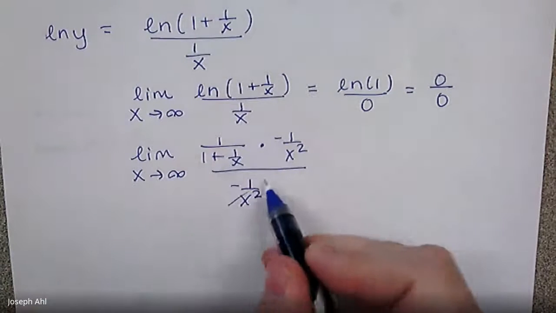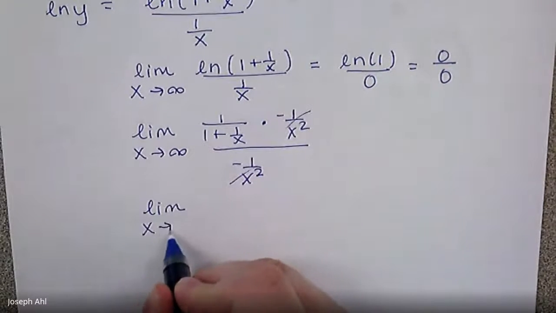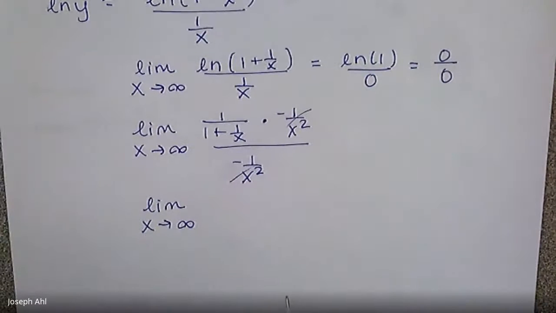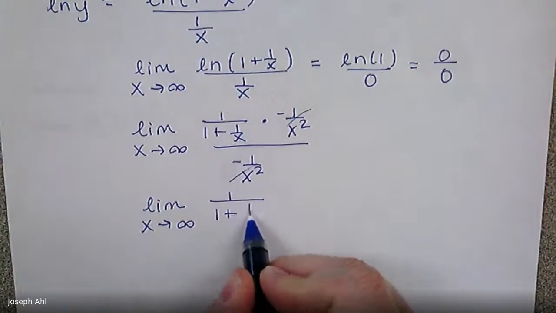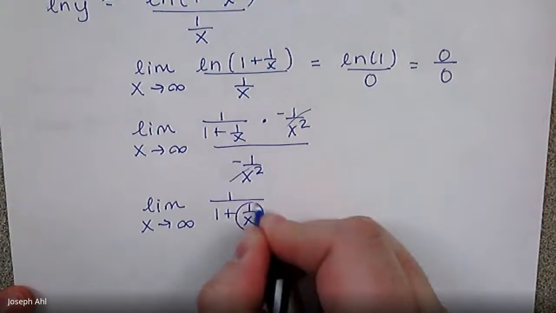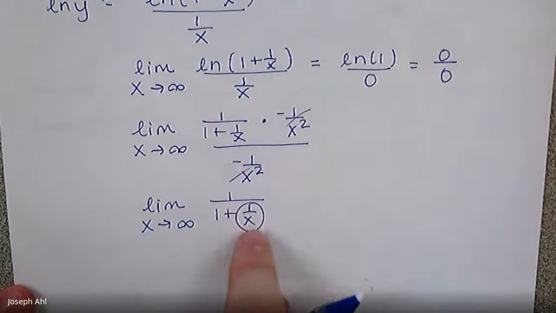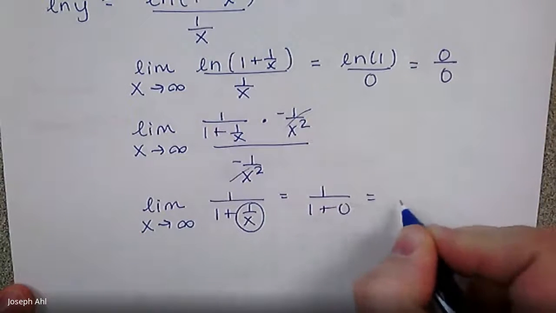So notice how those are going to cancel out, and we're taking the limit as x goes to infinity of 1 over 1 plus 1 over x. So what is the limit as x goes to infinity here? Well, this goes to 0. So we get 1 over 1 plus 0, which is 1.